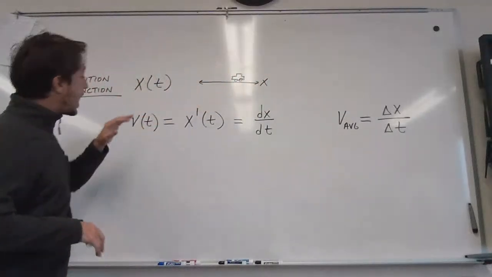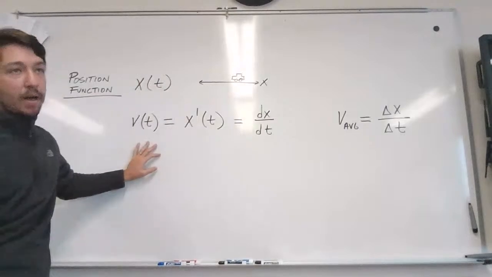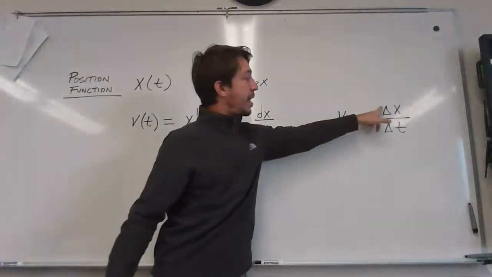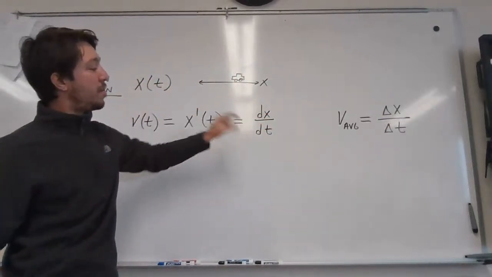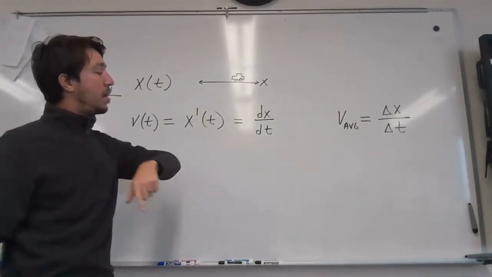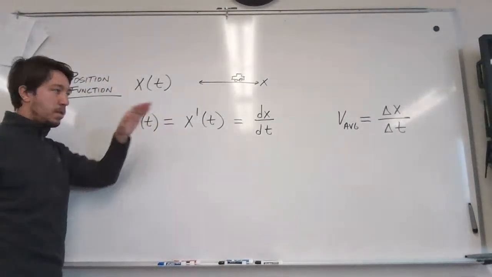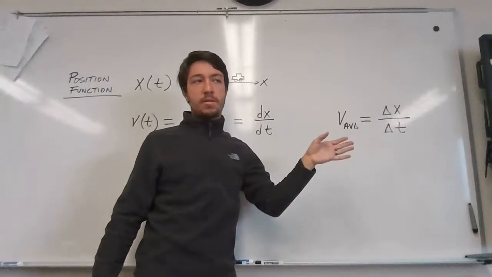But if I want the instantaneous velocity, the velocity right at some specific time value, then instead of a big delta x over a big delta t, it's an infinitesimally small dx over an infinitesimally small dt. Are there any questions on that connection between this statement and this statement, or does that make intuitive sense to you guys?